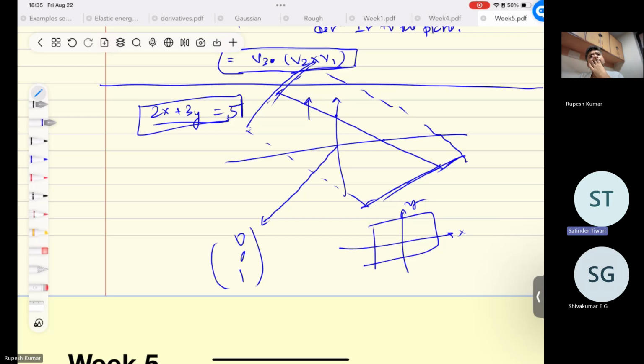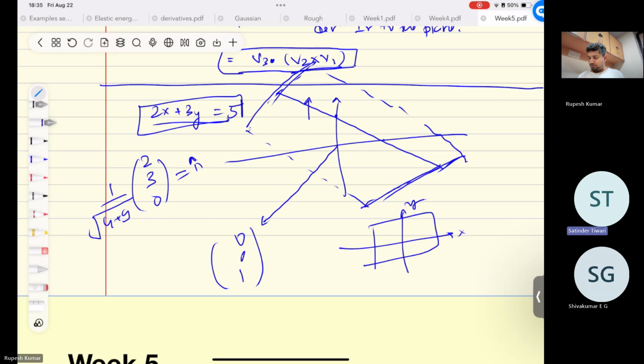For x y, and 2 3 and 0, the direction ratio will be 2 3 0. I'm not sure about this term direction ratio, but normals are essentially unit vectors. Then in that sense, you will get 2 comma 3 comma 0 times 1 by root of this magnitude, right? This will be the normal vector.